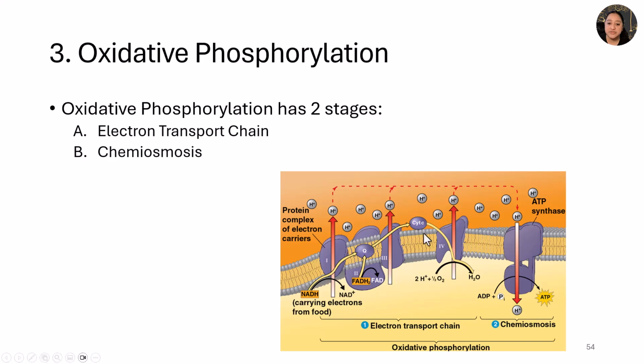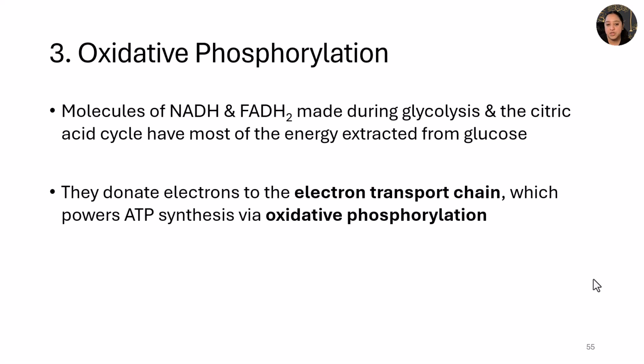Just as a preview, there's a bunch of proteins here in this membrane. Even though we're separating the electron transport chain and chemiosmosis, they work really closely, because chemiosmosis is right after. The electron transport chain drives this to happen. So oxidative phosphorylation has 2 stages that have to happen together.